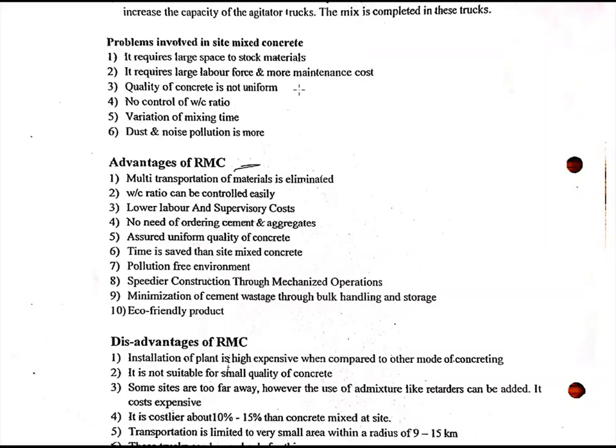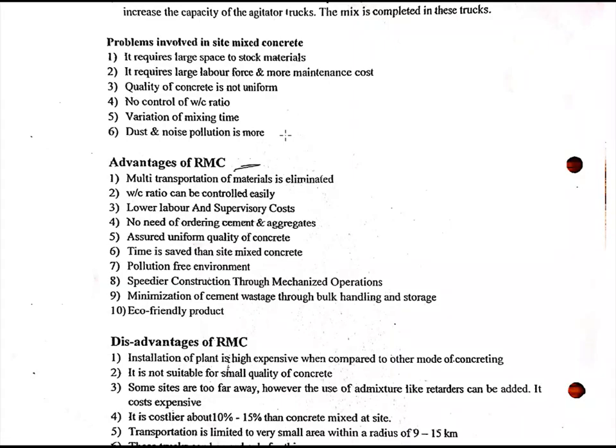The quality of the concrete by doing hand mixing or any type of site mixing is not under control. There will be no control over the water cement ratio. The variation of mixing time will also affect the strength of the concrete and it will not be uniform in nature.